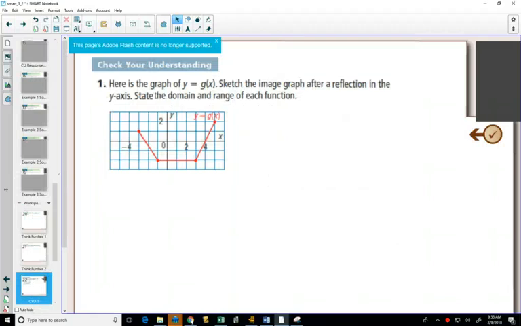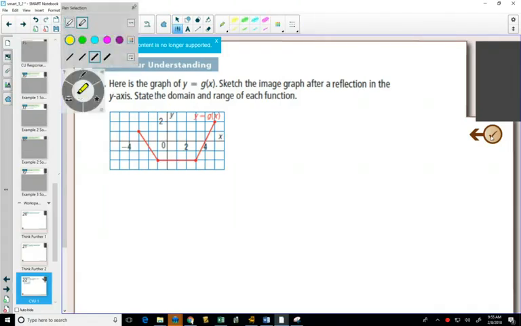So let's go to example 1 here, to the one off the side. Here's the graph of g of x. We want to sketch the image graph, so we've already learned that word and what it means, with a reflection in the y-axis, and state the domain and range.